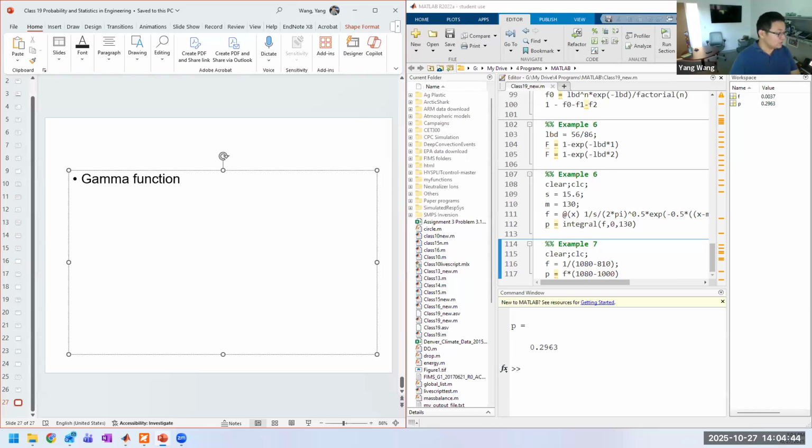The gamma function also has different types, or let's say the Pearson distribution, gamma distribution. Even for the gamma distribution, there are 2 parameter or 3 parameter gamma distributions.